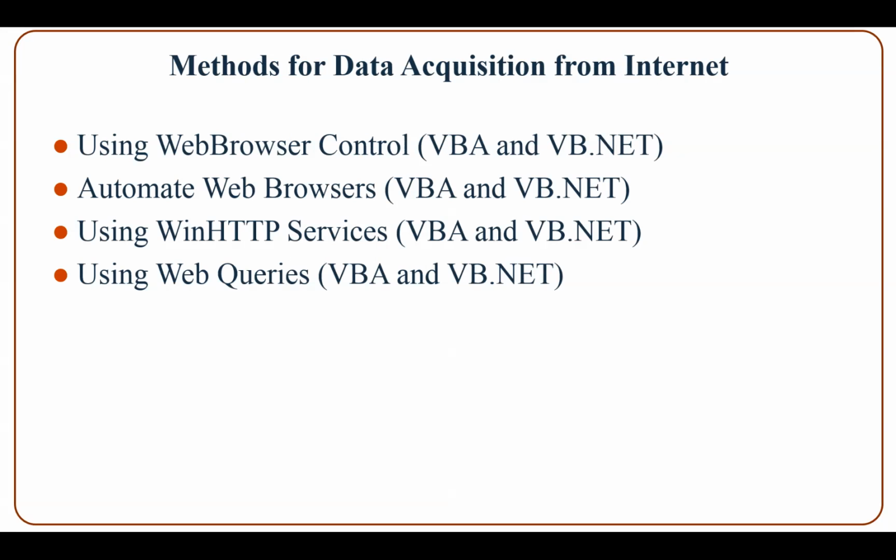There are several ways to acquire data from the internet. You can use the web browser control in both VBA and VB.NET. You can automate web browsers. This method can be done in both VBA and VB.NET as well.